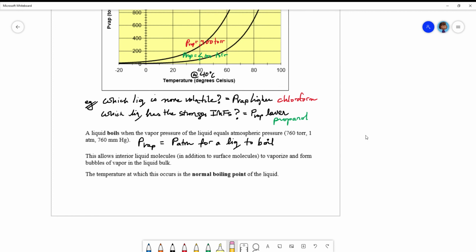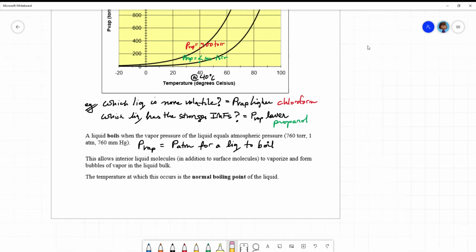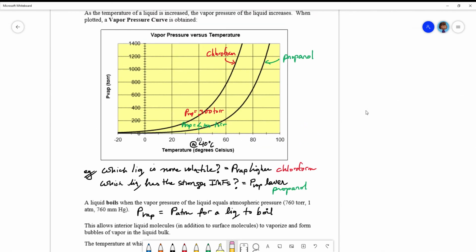Okay. Now, using a vapor pressure diagram like the one I have up here, we could actually use it to estimate the normal boiling point of both chloroform and propanol. The boiling point of each of these liquids would be the temperature at which the vapor pressure of the liquid equals atmospheric pressure. So let's note that vapor pressure here is in torr, and atmospheric pressure is 760 torr.